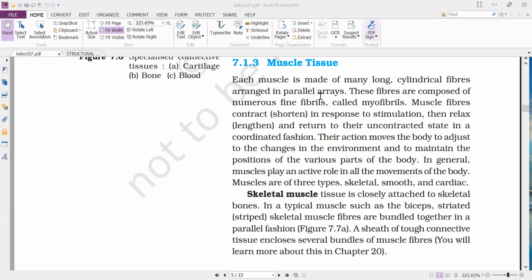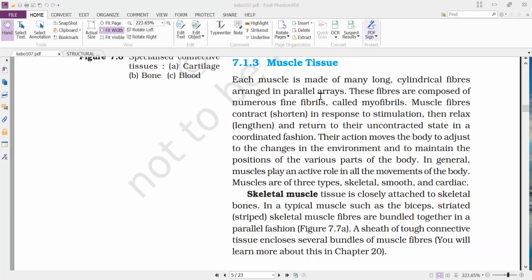Okay, this contraction and relaxation of the muscles will help in different ways. Their action moves the body to adjust to the changes in the environment. Because of the contraction and relaxation of the muscles, they help the organism to adjust to the changes in the environment and to maintain the positions of the various parts of the body.